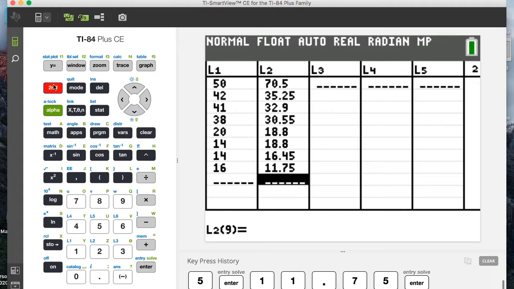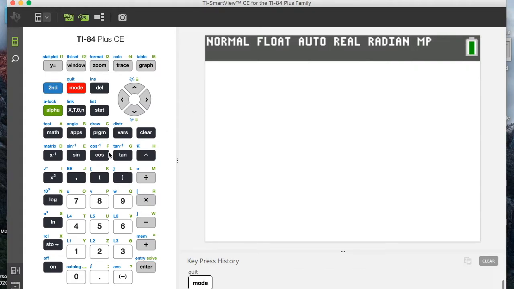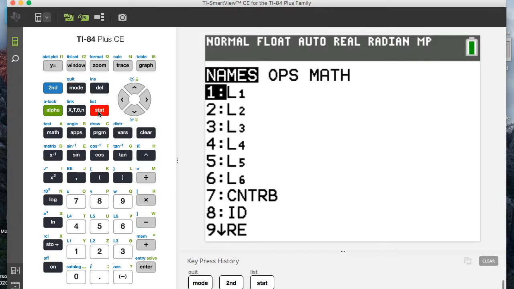So now I'm going to second quit. L1 was my observed, L2 was my expected. I'm going to do second stat, go over to math.